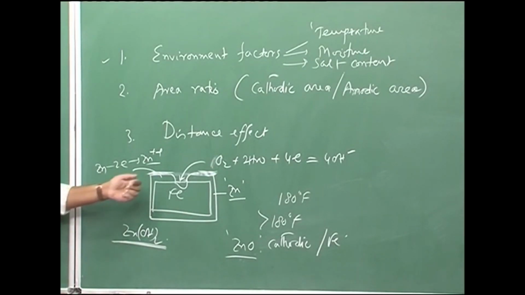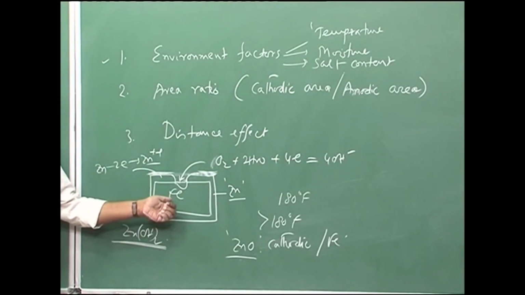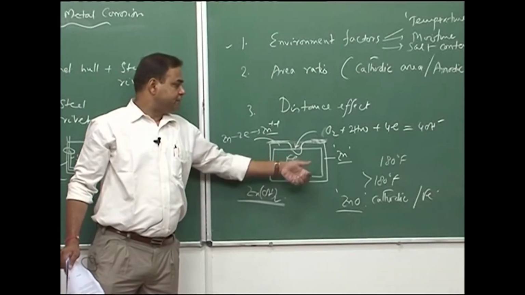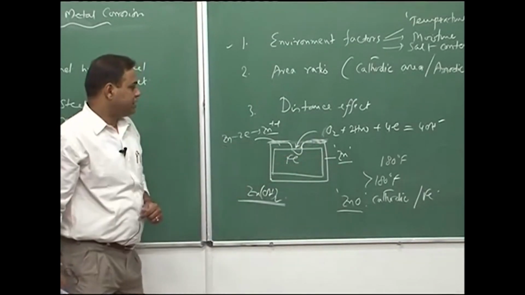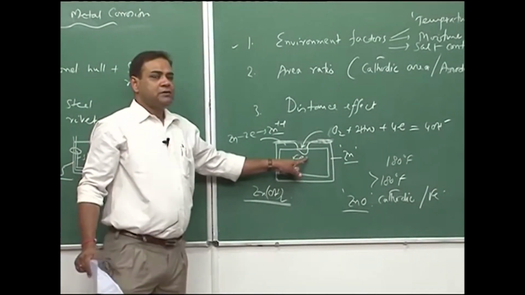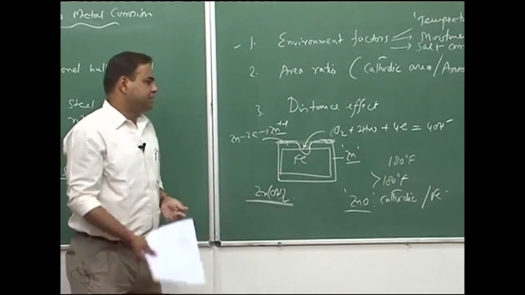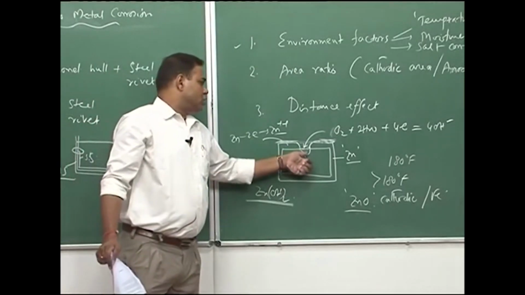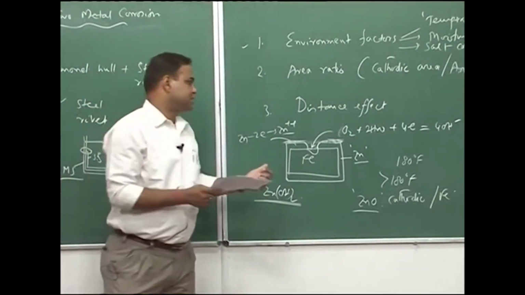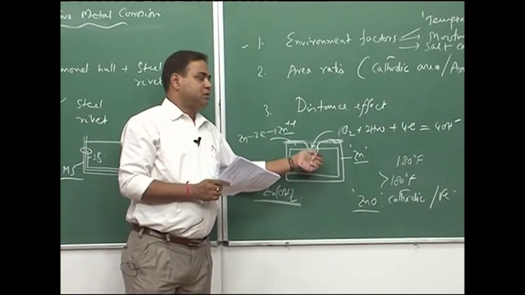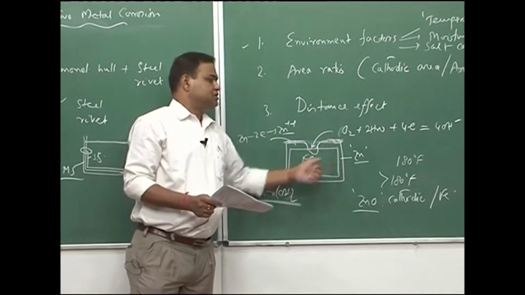What does it mean? Initially iron was cathode, now after the temperature has gone beyond 180 degrees Fahrenheit, it has become anode. This polarity difference can lead to corrosion of the material which was supposed to be protected by the zinc coating.